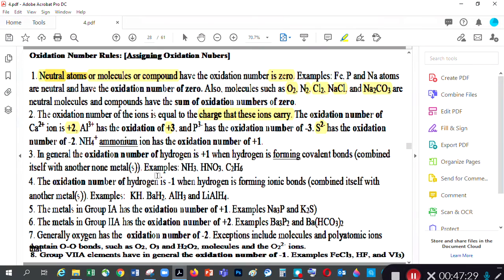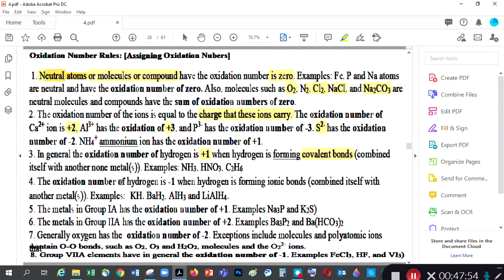The third rule is that hydrogen, when it makes a covalent bond, has +1, correct? Like in ammonia, nitric acid, and C2H6, all covalent, it will be +1.